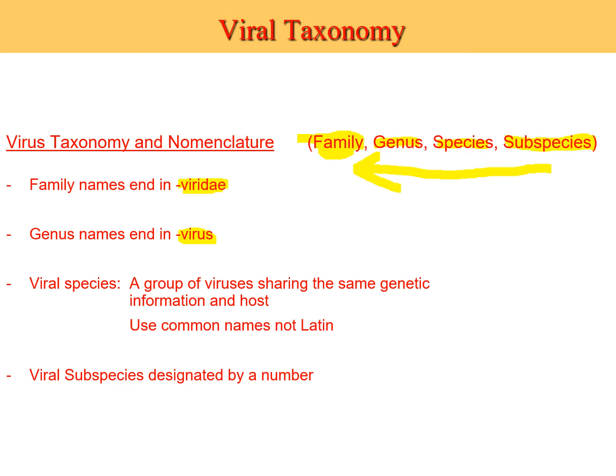They'll also have common names, which makes it a little difficult. Those are names that the public uses, but not necessarily scientists, and certainly not in an official designation. Subspecies often, not always, are designated by a number.